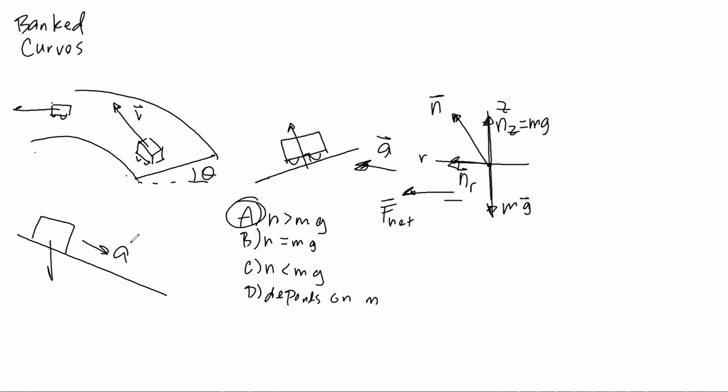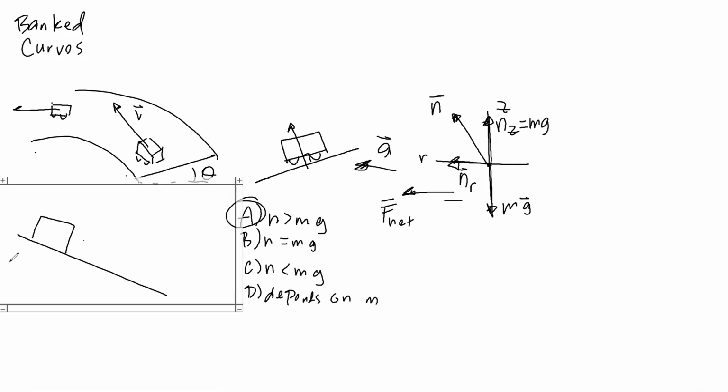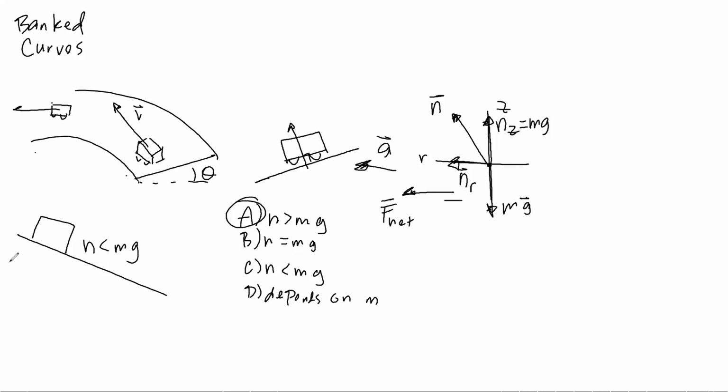Then you got mg down, and so the perpendicular component of gravity would cancel the normal force, leaving the other component of gravity to provide the acceleration when we're sliding down the incline. So in the case of moving up or down an incline, the normal force is less than mg. But in the case of a banked curve, moving in a horizontal circle, the normal force is bigger than mg.